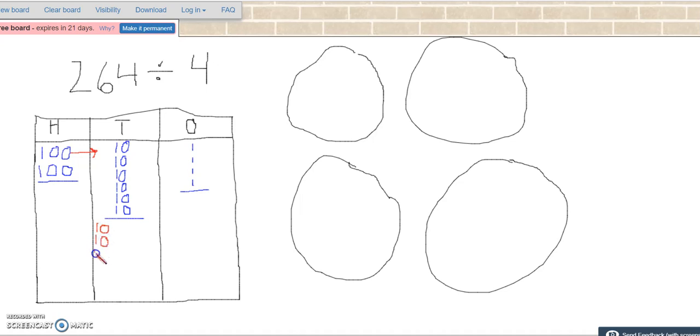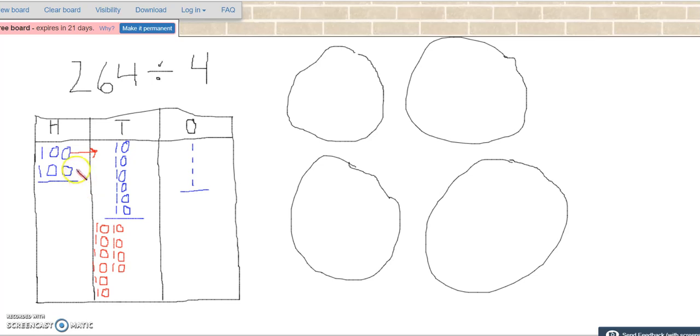I'm cashing that 100 in for 10 tens so that I can divide it into the 4 groups.